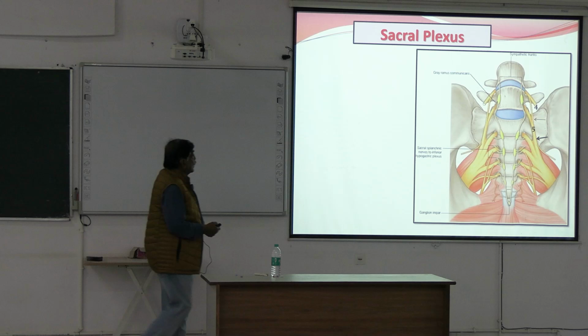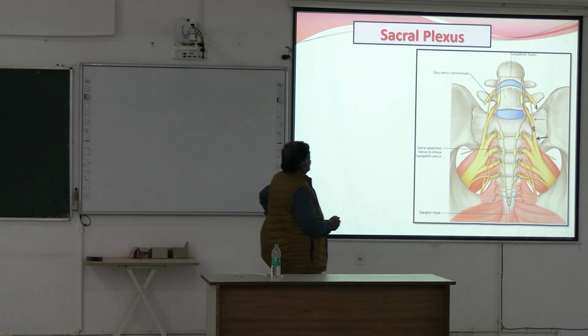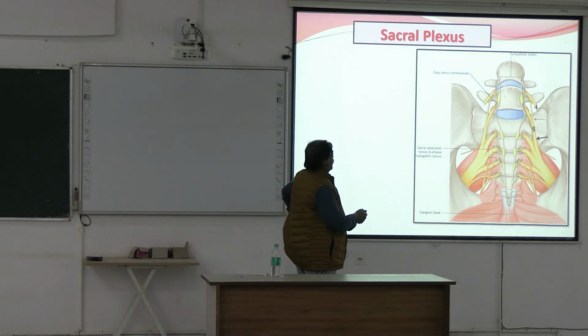See how the sacral plexus lies on the posterior abdominal wall; you can see the sacral splanchnic nerves, the nerves to the inferior hypogastric plexus. This is the sympathetic chain, and this is a ganglion.